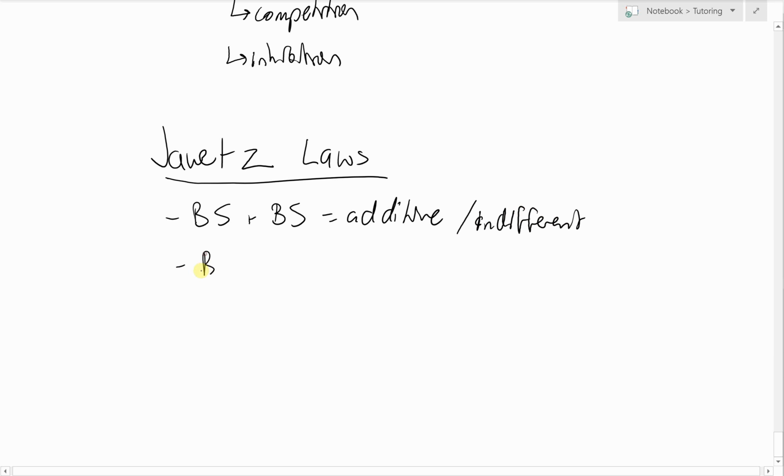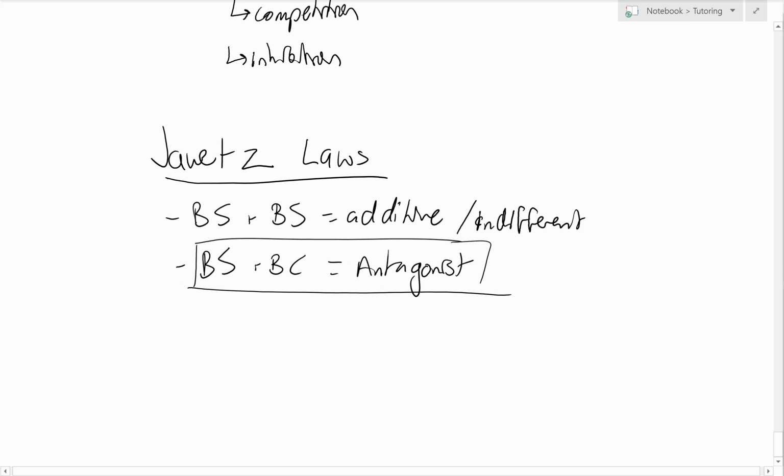However, if we put a bacteriostatic with a bactericidal, that's usually antagonistic. So we need to be really careful of that in a clinical scenario, especially something like meningitis, where rapid treatment is really, really important and we can't afford any mistakes, such as combining two drugs that are going to be antagonistic to each other. The last one is if we have a bactericidal and a bactericidal, and a lot of the time those are synergistic.